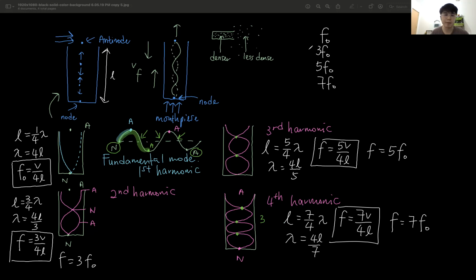These are all odd numbers, right? So if I want to find, let's say, the nth harmonic, say the 50th harmonic, then what is my formula? I use (2n minus 1) f0.